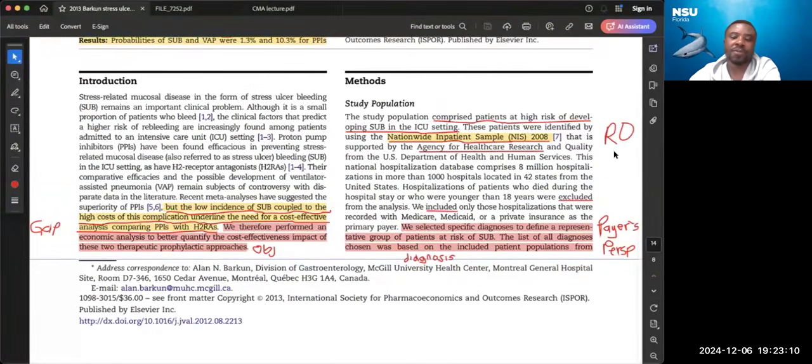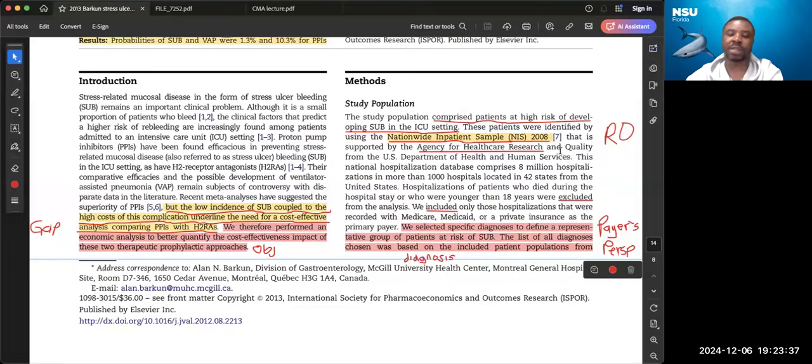It is retrospective because it is looking backwards, and it is observational because they didn't administer any intervention. If they administer an intervention, then it becomes more like a clinical trial.